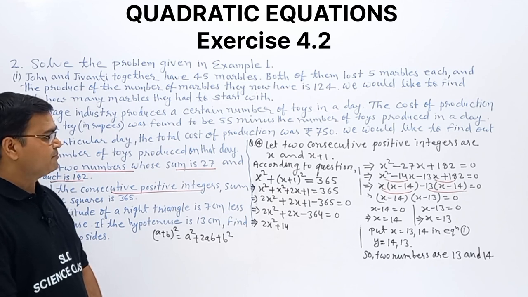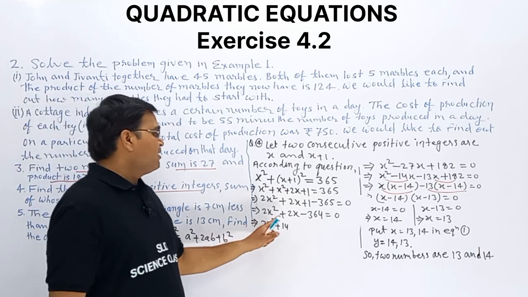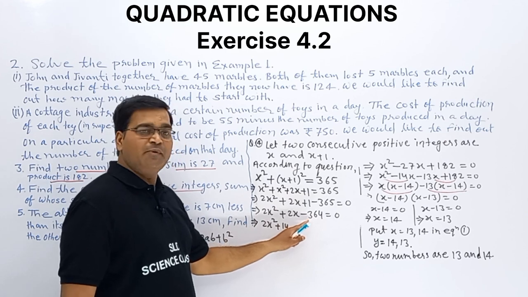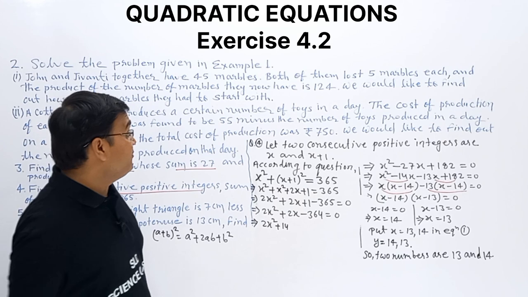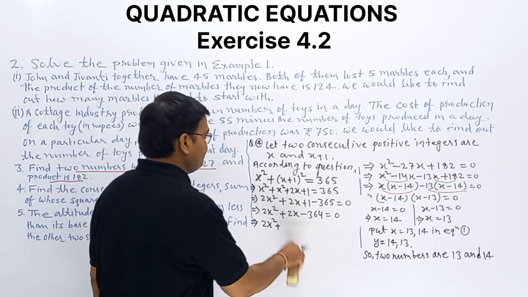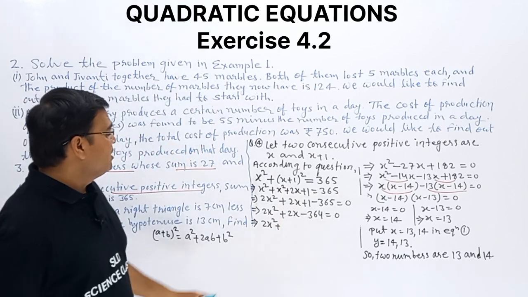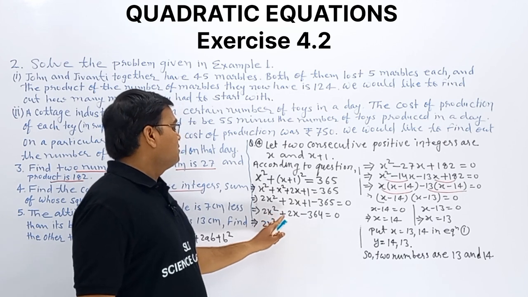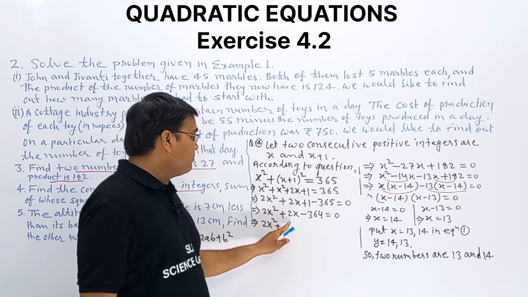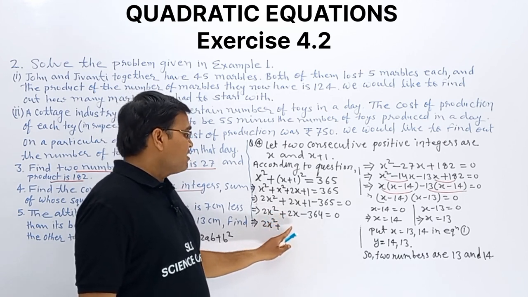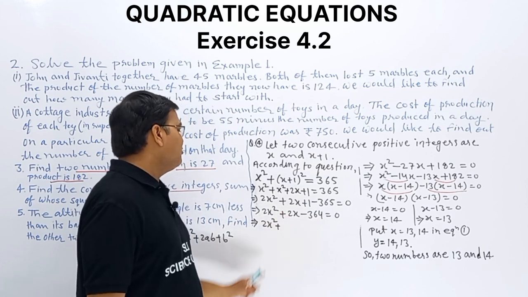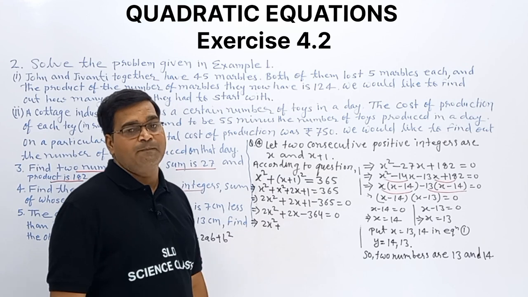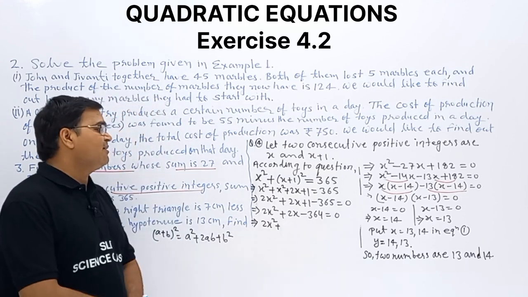Are you getting? And the product should be this one. Do the product carefully. We require the sum of both numbers, and the product of both will be what?